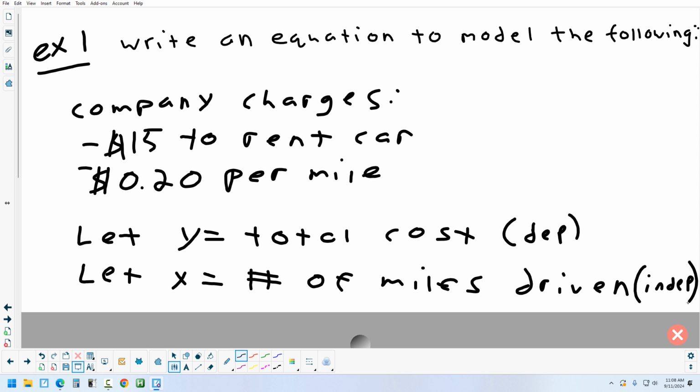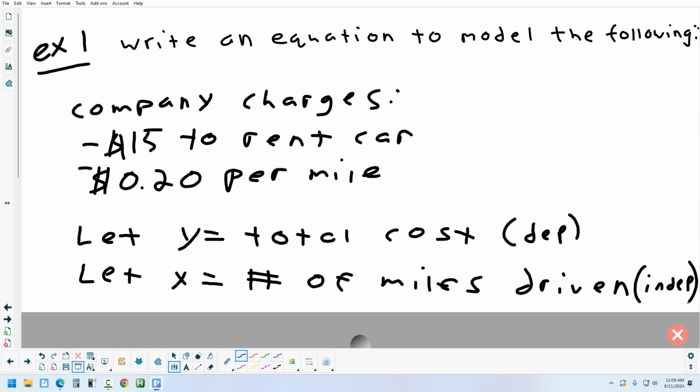The way I figure out which one is dependent and independent is I say a sentence in my head and see which one makes sense. Is the total cost dependent on how many miles I drive? Or is how many miles I drive dependent on the cost? The second one doesn't make sense. The number of miles that you drive is not dependent on the cost.